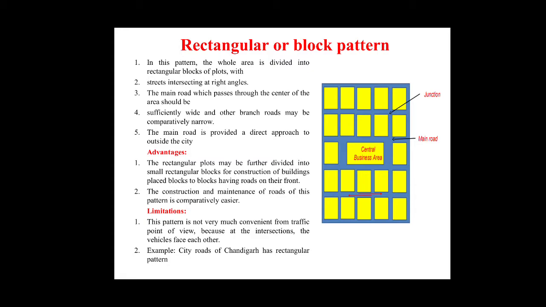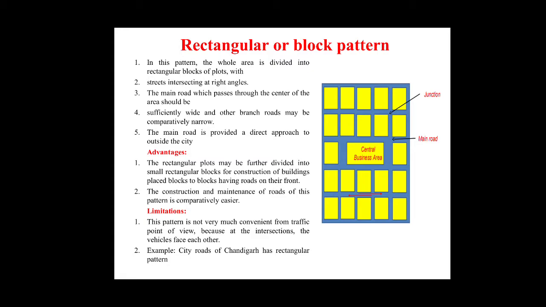which are more feasible for better planning of the plots for the construction of various types of structures. The limitations or disadvantages of this rectangular or block pattern is that it is not very convenient from the traffic point of view, because at the intersections the vehicles face each other.